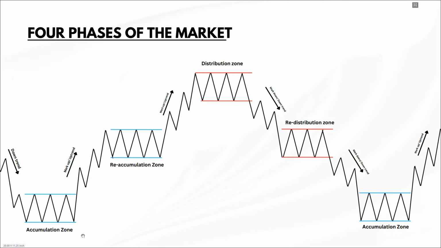The meaning of accumulation is that smart money will not buy immediately. Let's assume smart money wants to buy 10,000 quantities of a certain stock. Do you think they'll buy 10,000 quantities immediately at a certain price point? Let's say the price the stock is trading at right now is 100 rupees.